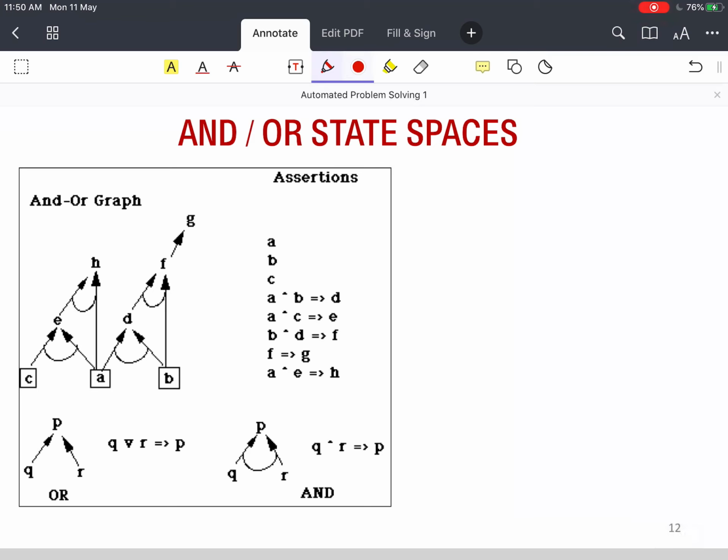Currently, we saw all state spaces were paths, but every move need not just be an OR move. All the previous examples that we have seen make a move either this way or this way. But there are certain things where we need to compose a solution from its parts.